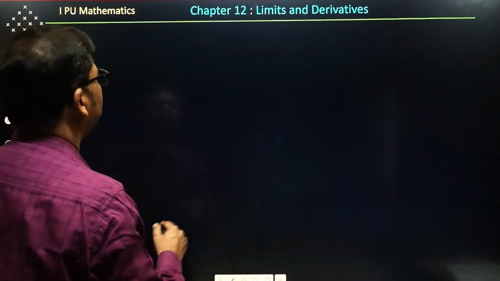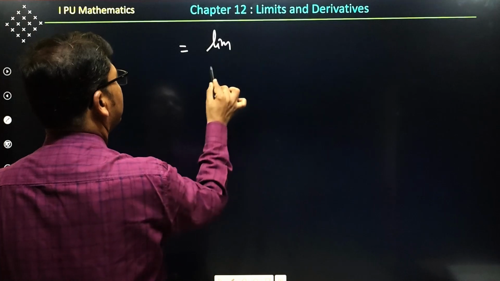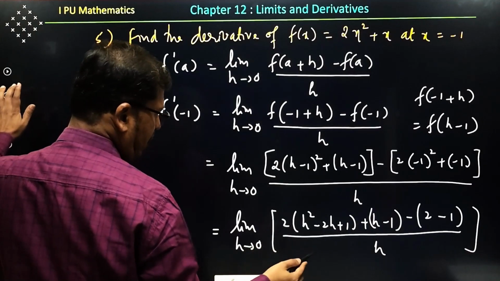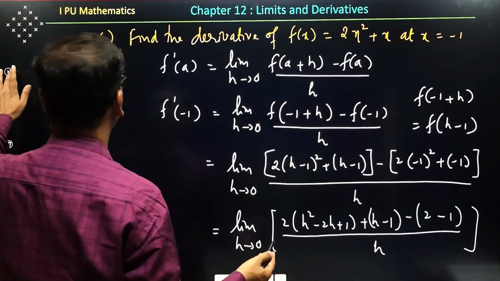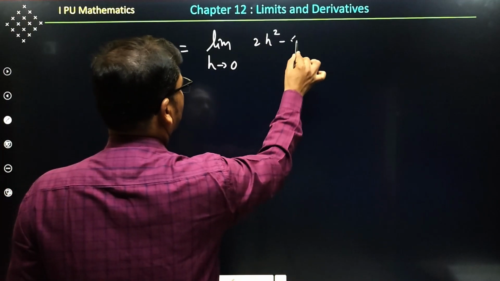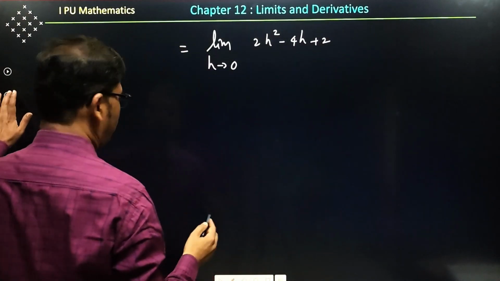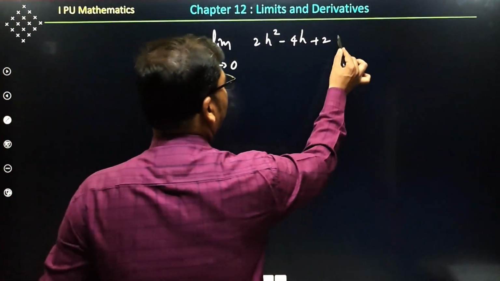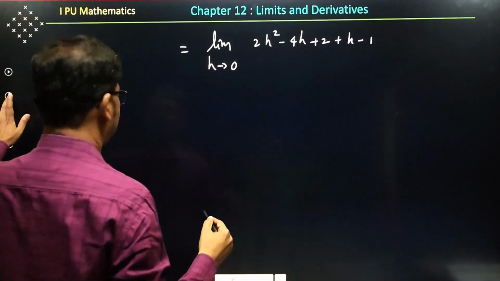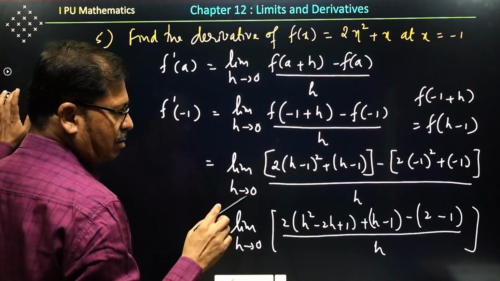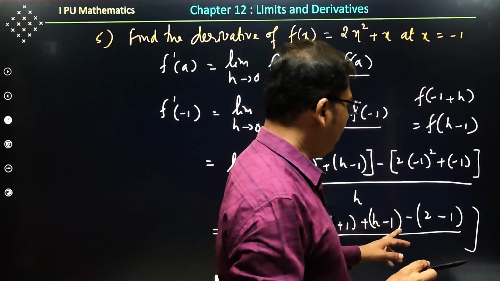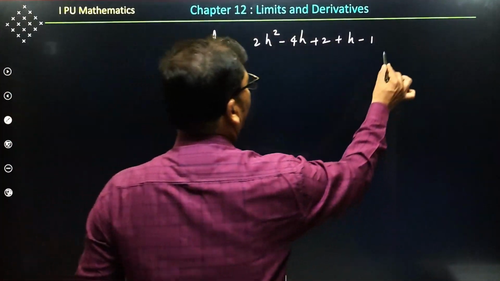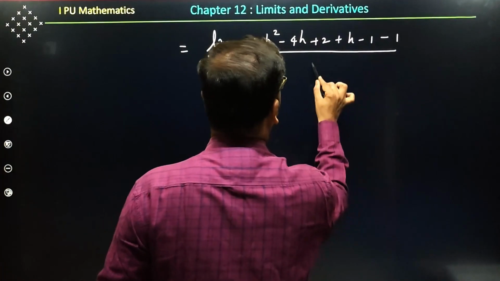Limit h tends to 0, this is equal to limit h tends to 0, concentrate here, 2 into h square minus 4h plus 2, 2h square minus 4h plus 2, correct it is, plus h minus 1. Next, minus, see, plus h minus 1 you have written, 2 minus 1 is 1 only, backside minus, so minus 1, one more minus 1, whole divided by h.